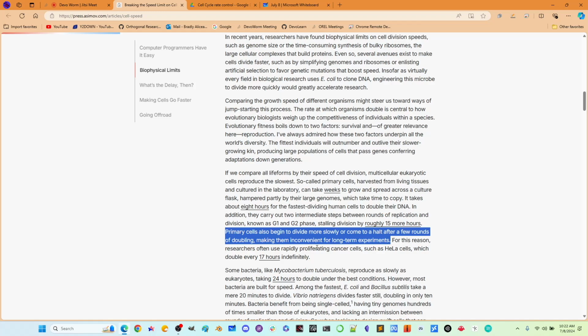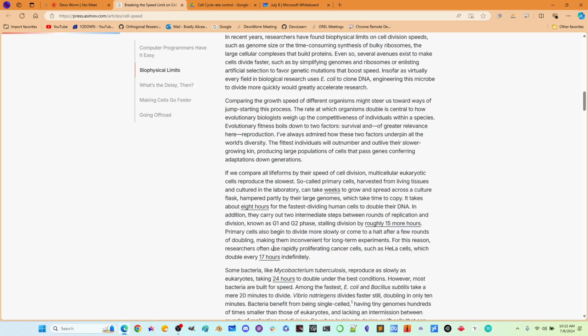So in a lot of experiments, people will use rapidly proliferating cancer cells, such as HeLa cells. Actually, HeLa cells are not cancer cells. They're these fused cells. They're like cancer cells and liver cells, and they have different properties all kind of mixed together in the same cell. And so HeLa cells are known as immortal cells, so they can divide indefinitely.